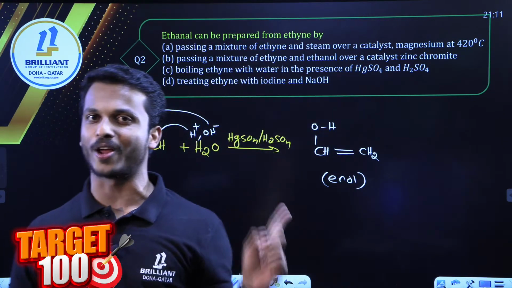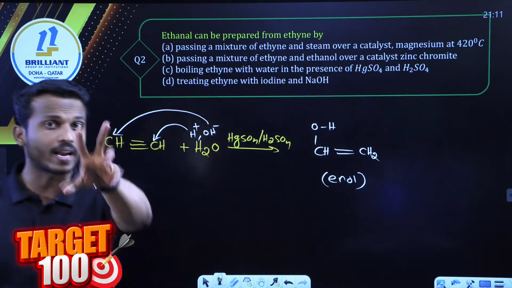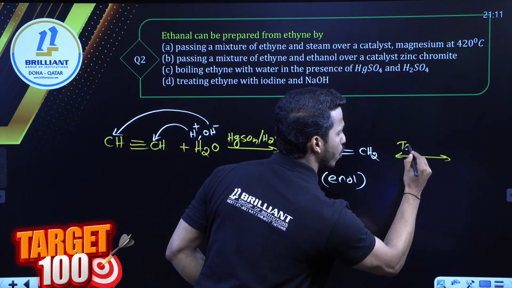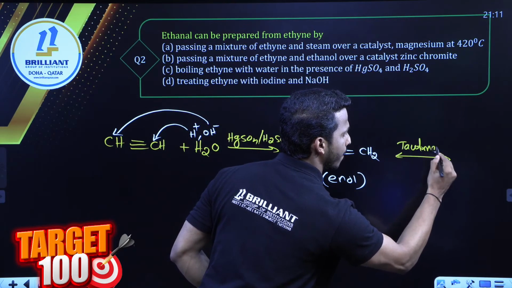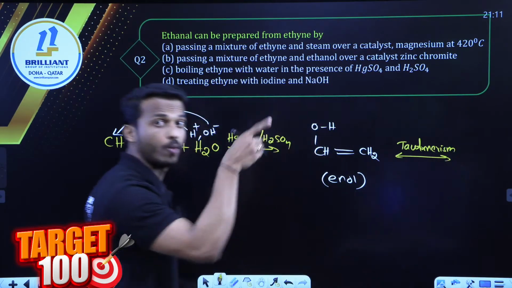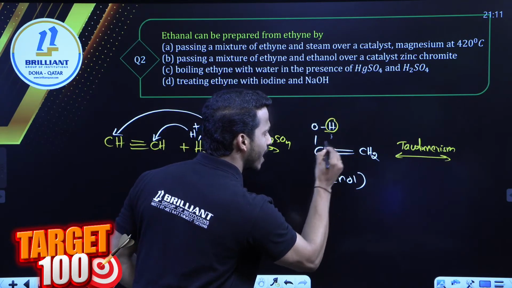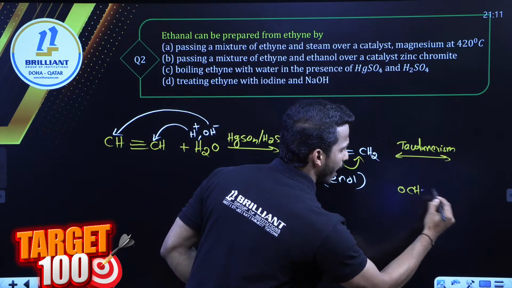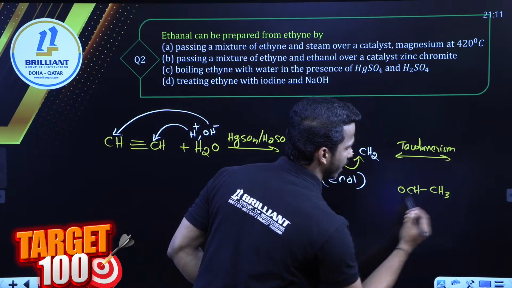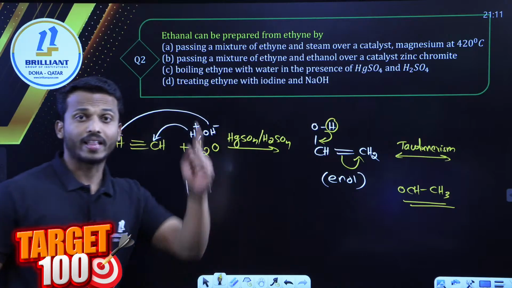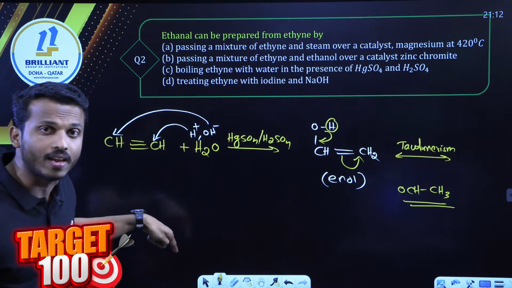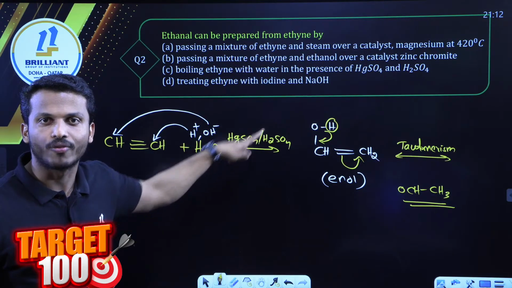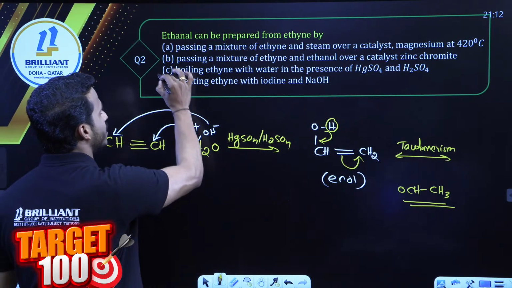This is not the final product, it will undergo one rearrangement. What isomerism, dear all? It undergoes tautomerism. What is tautomerism? This hydrogen shift like this, you will get CHO and then CH3. What is that? Ethanal. So ethanal you can prepare from ethine by treating with water in presence of mercuric sulfate and sulfuric acid. What is your answer? Option C.